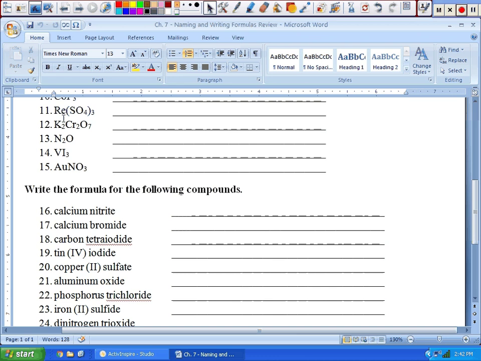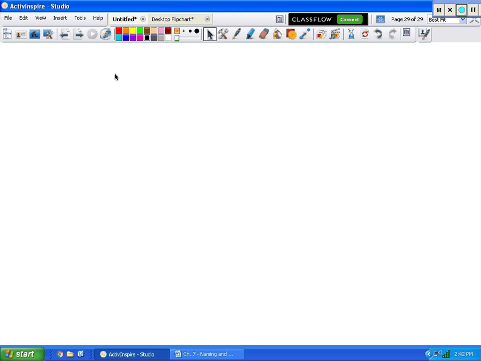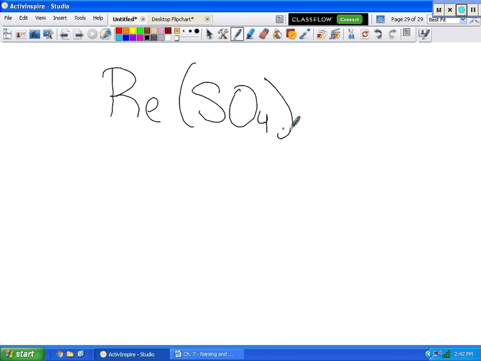Rhenium 6 sulfate. Rhenium. How many of you got 6? Very good. Real quick, let's look at that one because I feel like some of you may have a question. It was Re(SO4)3. So again, you know it's rhenium, but how do we get the 6? What's technically sitting right here? A 1, so I'll pull back.